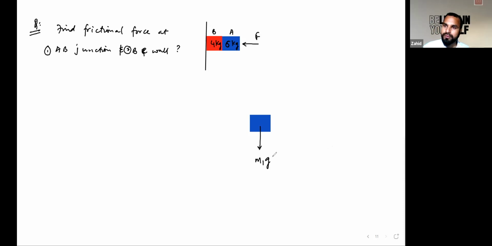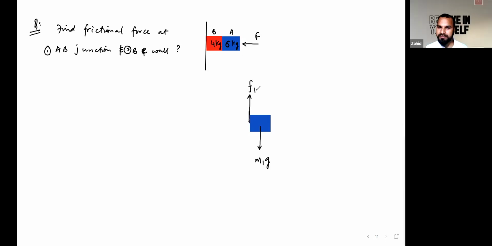This force will tend to move the block downward, and since there will be no movement downward in this whole system, it must be experiencing an upward force along this direction. Let's call this frictional force 1. Is it clear, Hamza? Yes, sir.